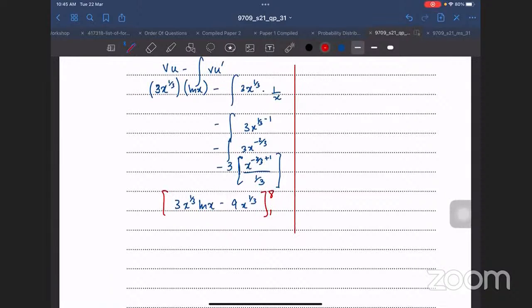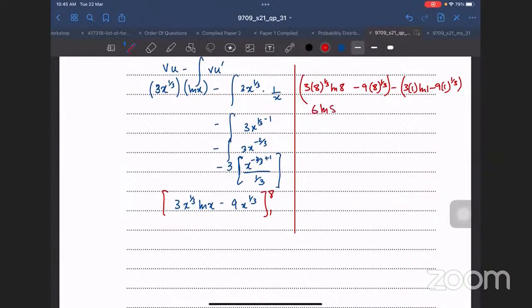So applying the limits, 3 times 8 power 1/3 ln 8 minus 9 times 8 power 1/3, minus 3 into 1. ln 1 is 0, so that tells me that entire thing will be 0 as well.